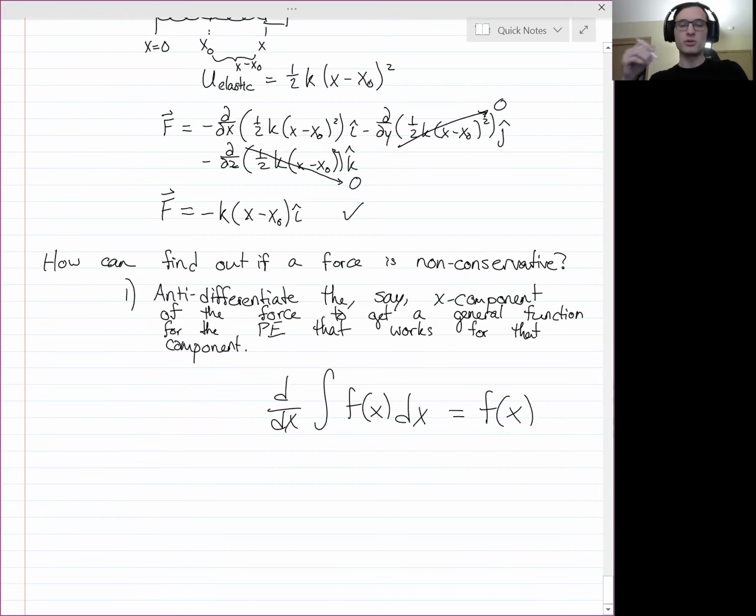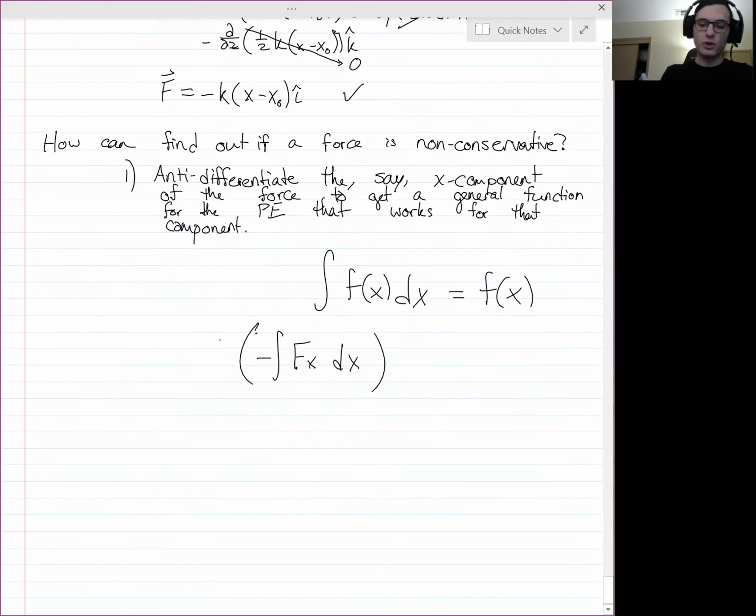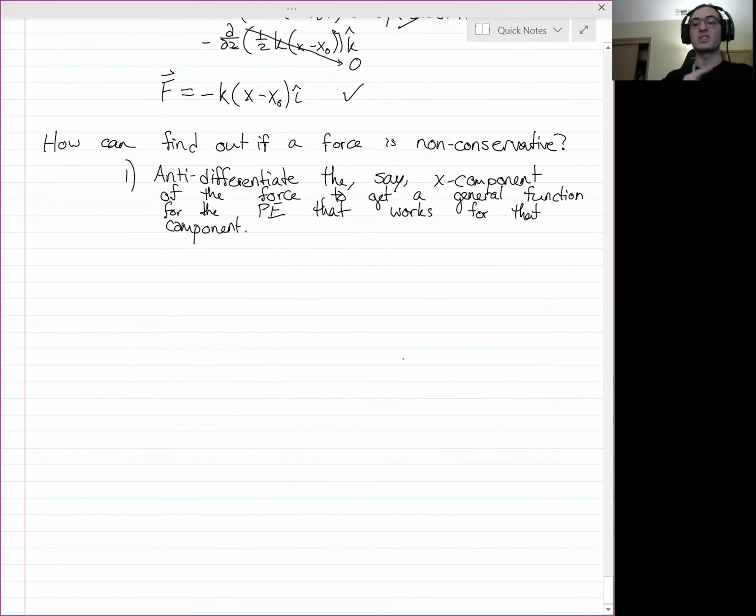So we start with the force in the x direction, anti-differentiate, and then apply a negative sign. Because if you then take the derivative of that and stick a negative sign in front, you just get the same thing back. So what we're doing is creating a candidate for the potential energy function, which certainly works for the x component.